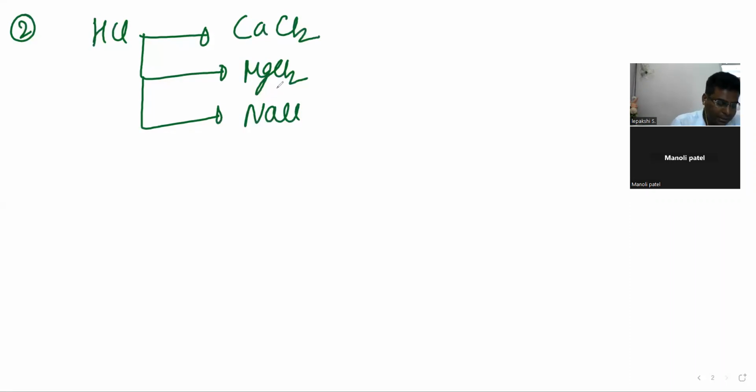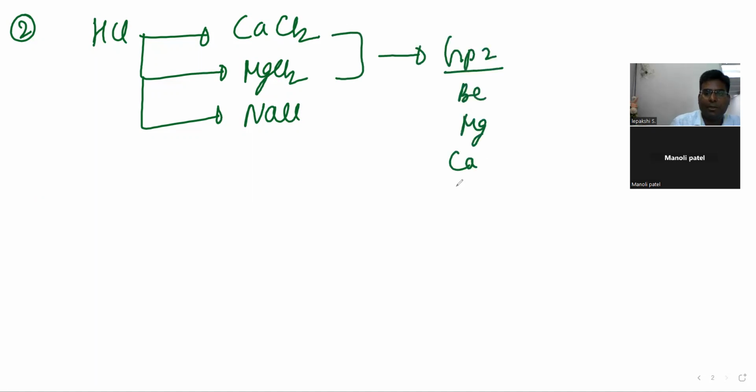So see, calcium chloride and magnesium chloride are more soluble than NaCl, right? These come in group 2. It starts from beryllium, magnesium, calcium, strontium, barium, radium.